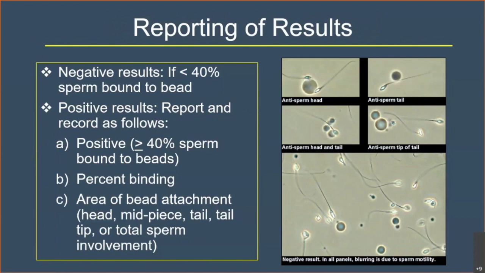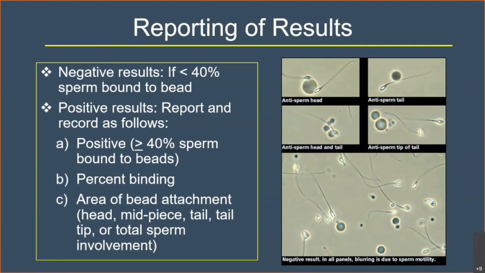Reporting of results: negative results are reported if less than 40% of the sperm is bound to the beads. Positive results, how do we report and record? Positive if greater than or equal to 40% of the sperm is bound to the beads. We report the percent binding, and we report the area of bead attachment, whether the head or mid-piece, because if it's bound to the head, then the clinicians have to make a separate judgment call.